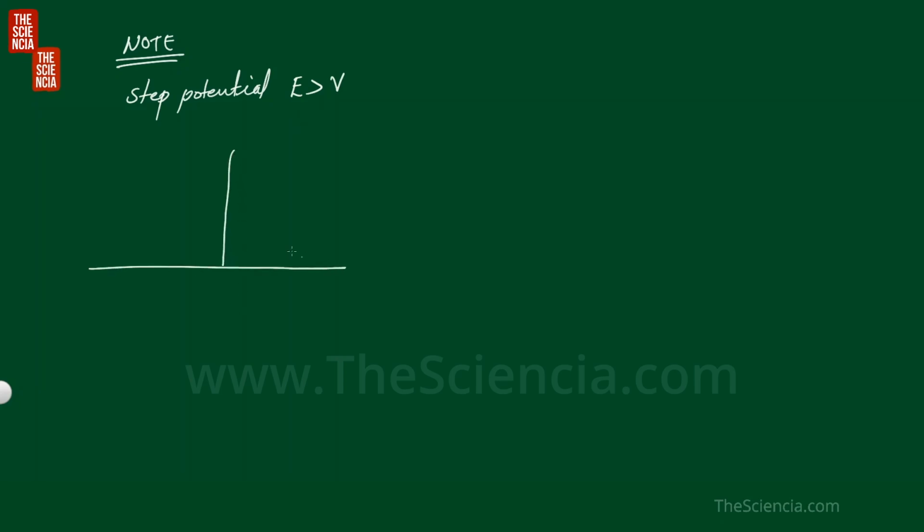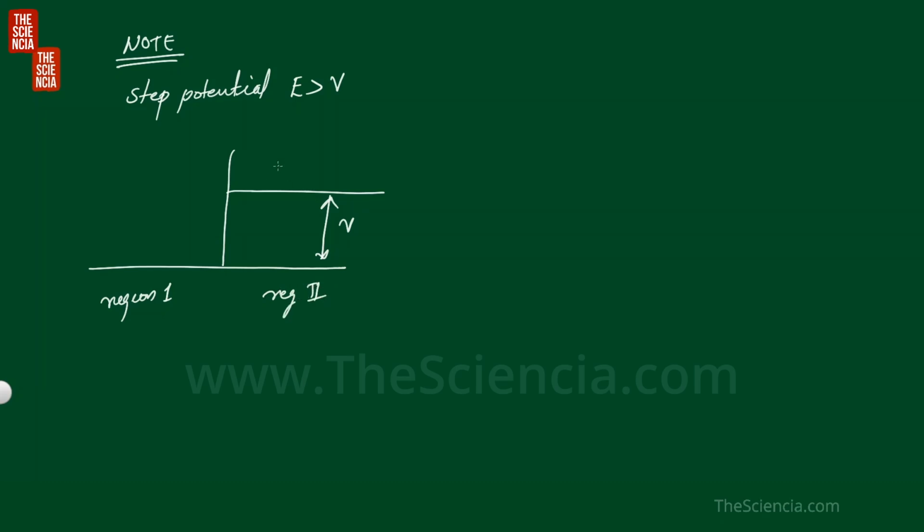An important note. See, here we are discussing the step potential, and the energy of the particle is greater than the potential energy. Okay. So we got the wave function in each region. So this is the potential V. And this is region 1 and this is region 2.